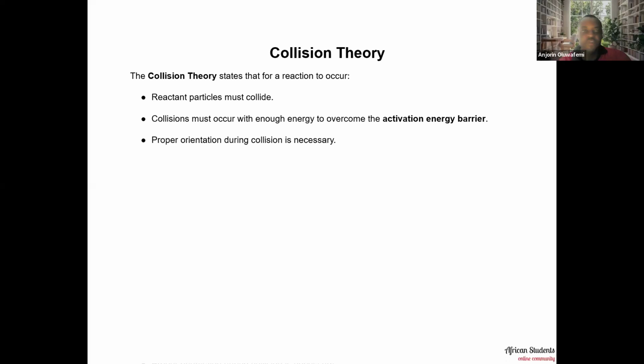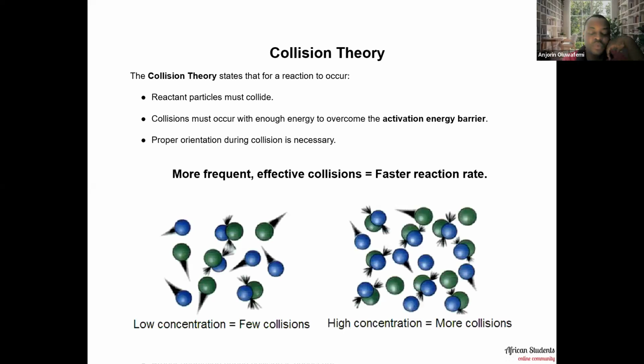It's very, very necessary. And then we say that more frequent effective collision equals to what? Faster reaction rate. Okay, so we look at it now. Low concentration, few collision, high concentration, more collision, just like we depicted with that diagram.